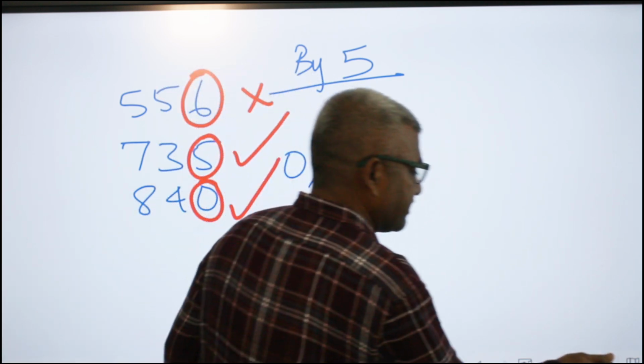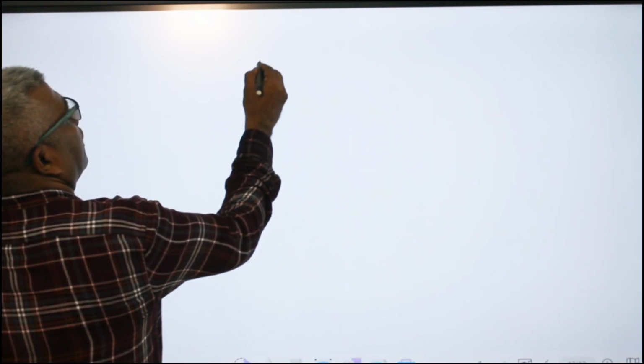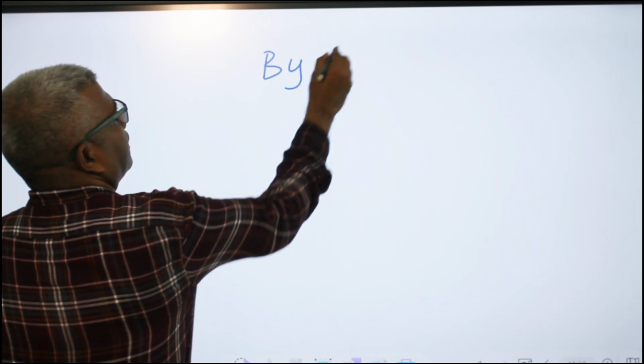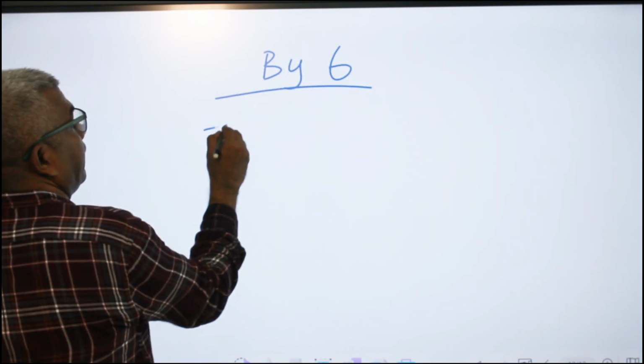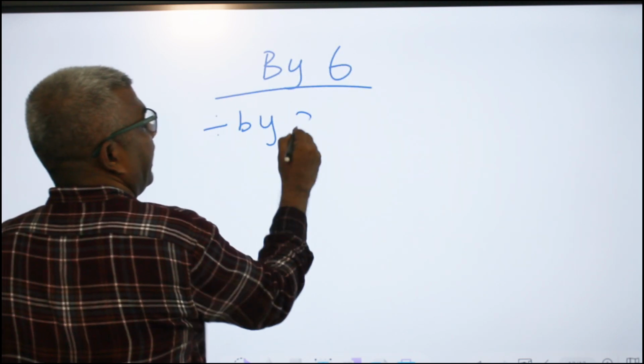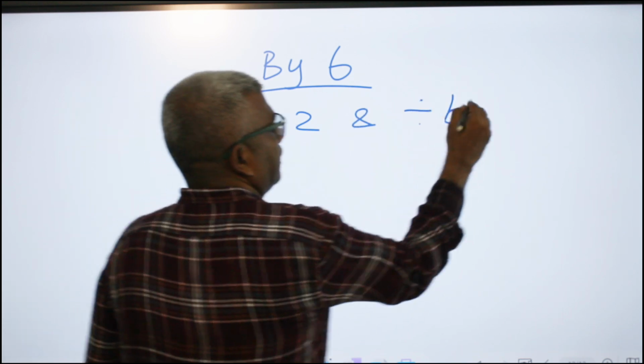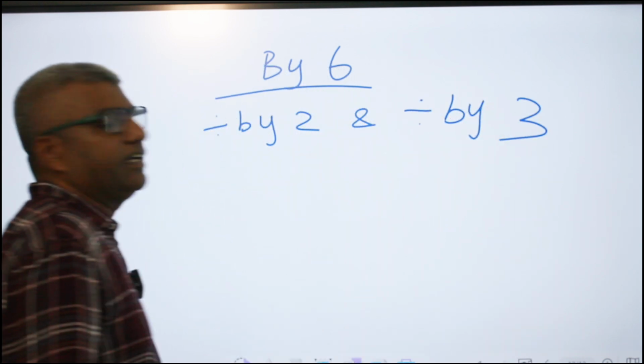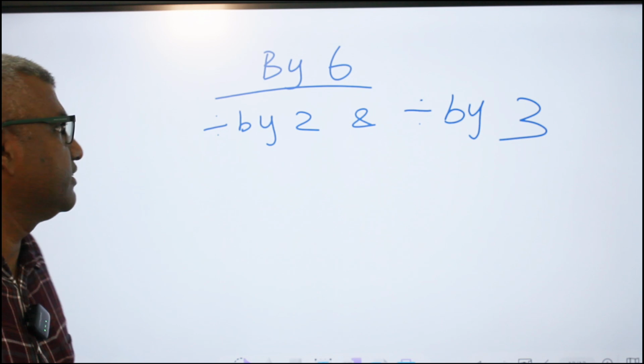Divisibility by 6 is a simple one. If the number is divisible by 2 and by 3, then that number is divisible by 6.